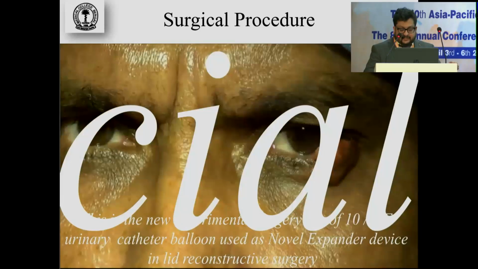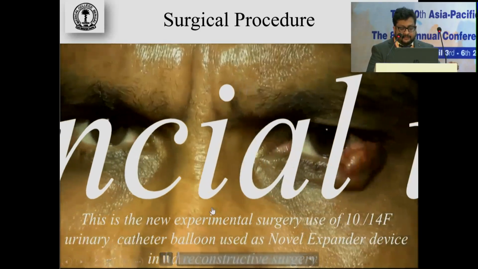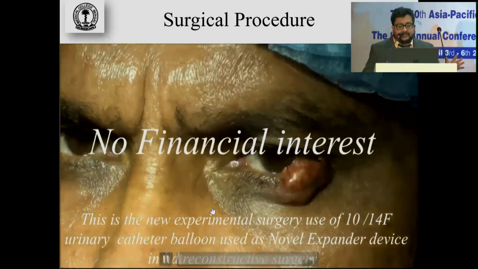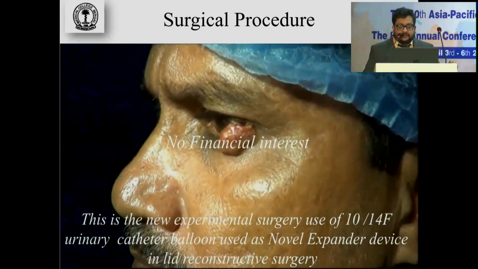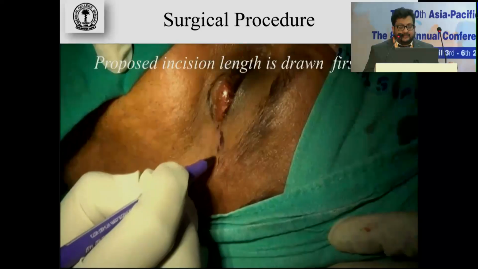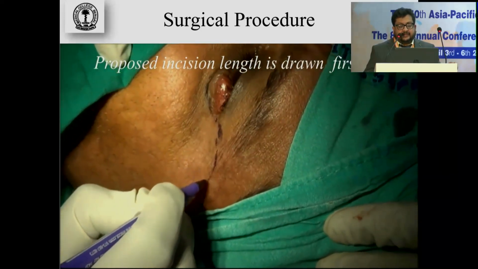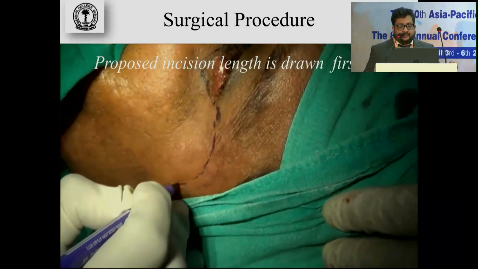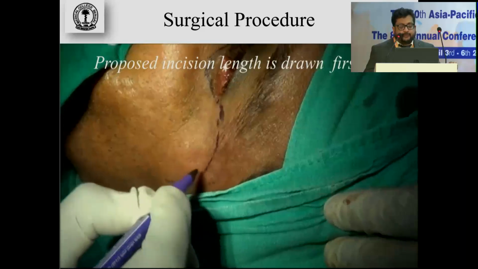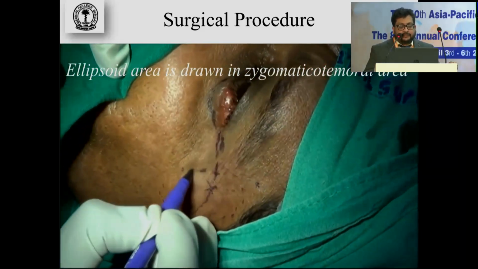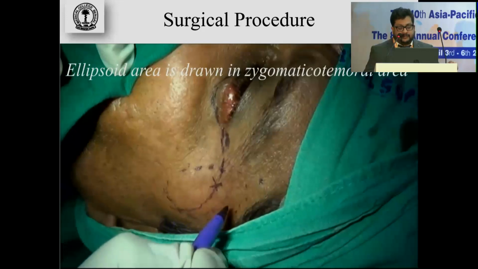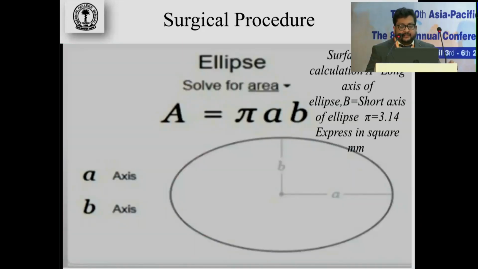Now after this, we'll have a very short video of another procedure where there is the same mass in the lateral position, and we will use a 10 French or 14 French silicone catheter as a tissue expander, and a lot less tissue will be needed. This is the proposed incision length that is being first drawn. You see it is almost 11 millimeter in length.